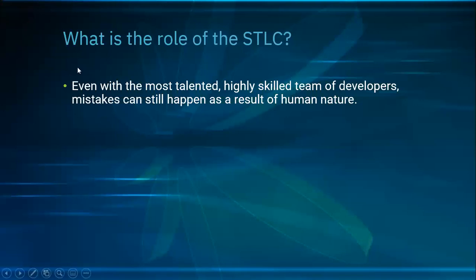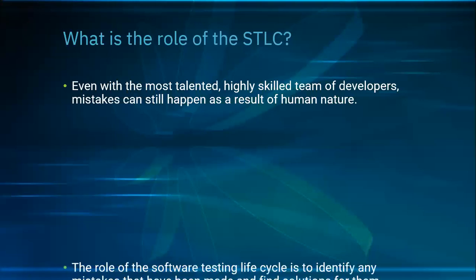So, as I've said, even with the most talented, highly skilled team of developers, mistakes can still happen as a result of human nature. That's what error is about. Error, defect, failure.